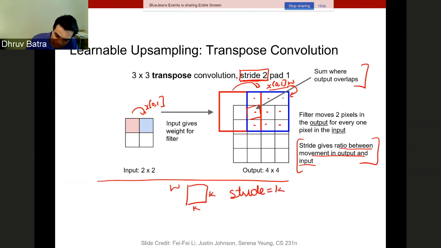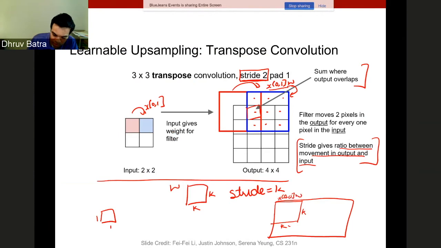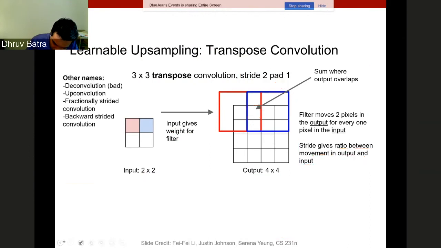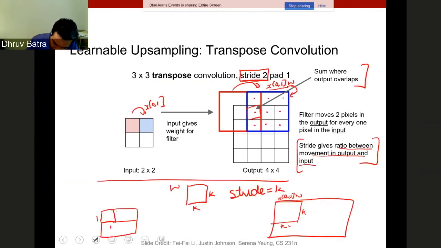Basically what that means is I will end up constructing an output. So let's say my input was 1 by 1. If my input was 1 by 1, all that means is I will take a k by k output, and I will take my x 0, 0 times W, and I will put that here.